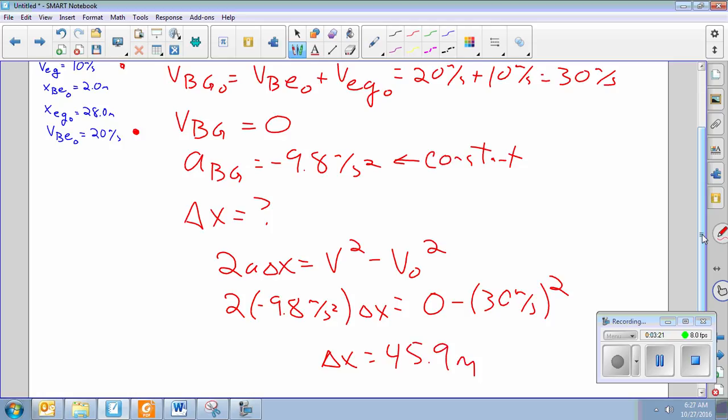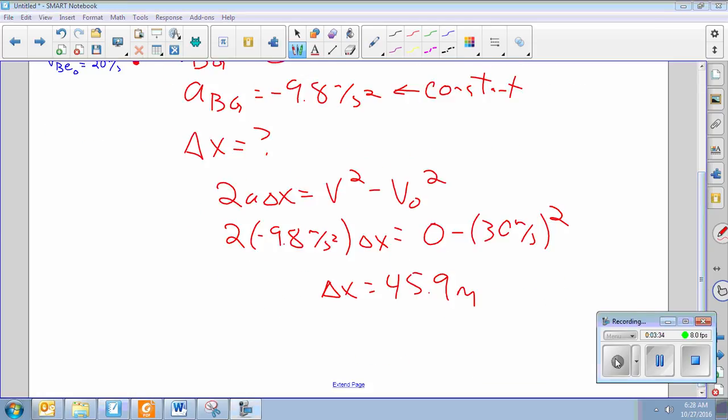But that's the displacement above the point where the ball is released, right? So that's the vertical displacement with respect to the ground of the ball between the instant it's released and it reaching the top of its path.